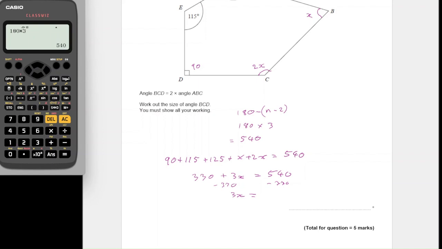Yeah, minus 330, 210. So divide both sides by 3. We get x is equal to 70. Right, find the size of angle BCD. So that's going to be 2x, so that's going to be 140.